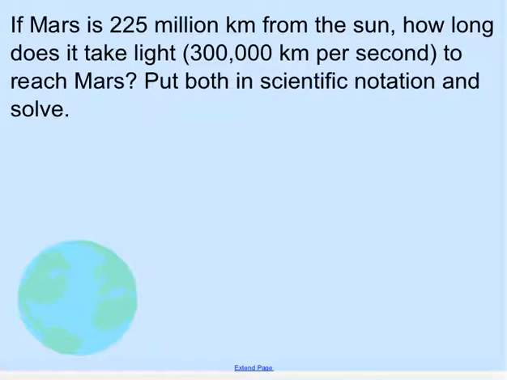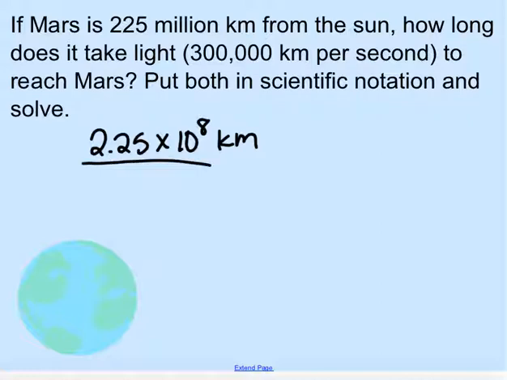And next one. What about if we think about Mars and how far that is? Well, that's 225 million kilometers away, which is 2.25 times 10 to the 8th kilometers. And once again, how long does light take to get there? We're going to divide by 3 times 10 to the 5th.